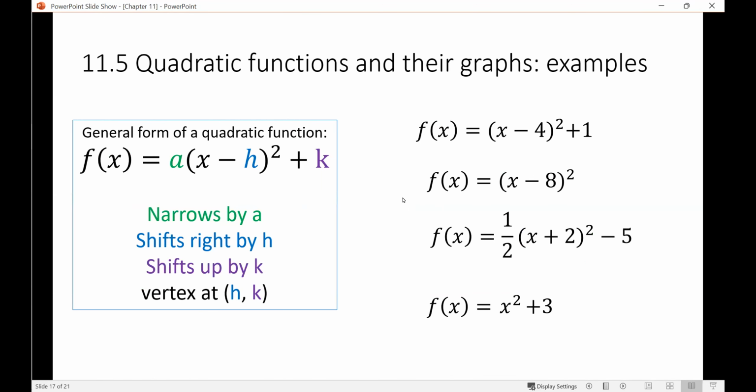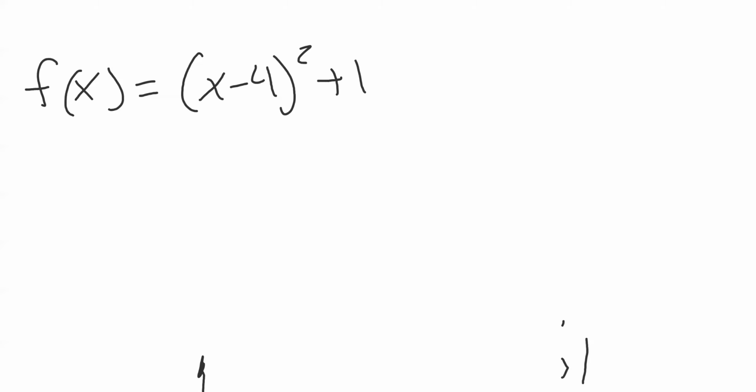All right, so that's quadratic functions. Let me just give you a couple examples of how we would graph these quadratic functions. Let's take a look at this example, where we've got this quadratic function, f of x is x minus 4 squared plus 1.